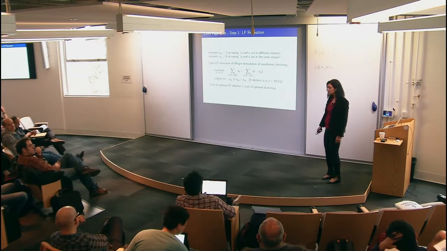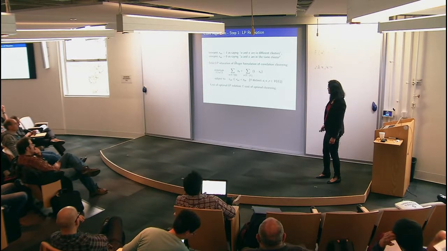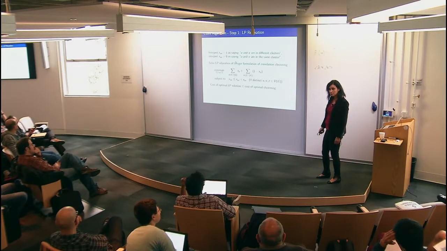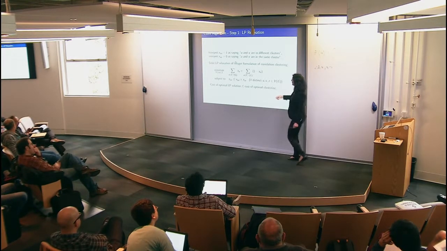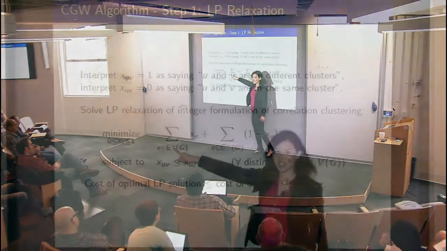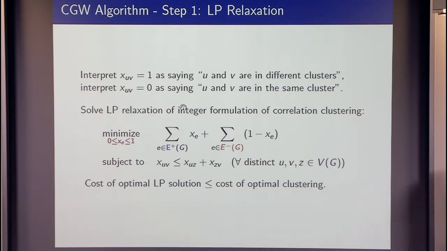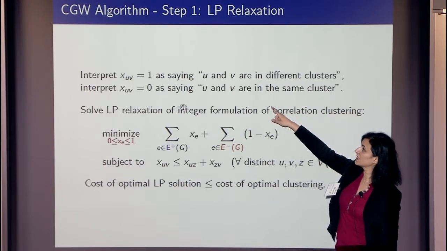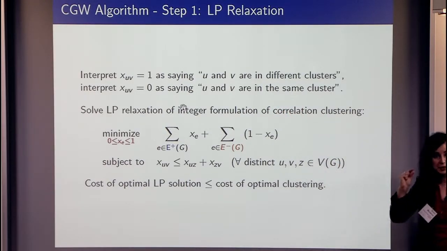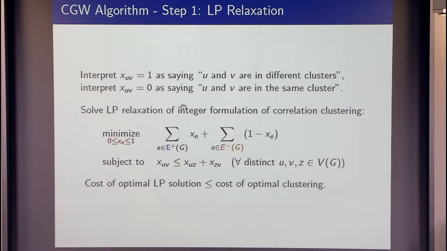So why do you optimize over the X_UV? Isn't X_UV the edge label? No. This here tells you which edges are positively labeled. X_UV is not the label on the edge. X_UV tells you if they belong to the same cluster or not. So if X_UV is 1, you should interpret it as U and V belong to the same cluster. That edge is placed in one cluster. It doesn't go across clusters. Any other questions?